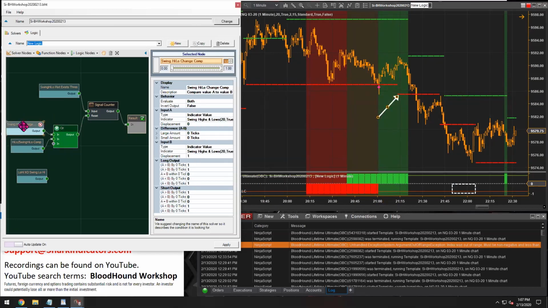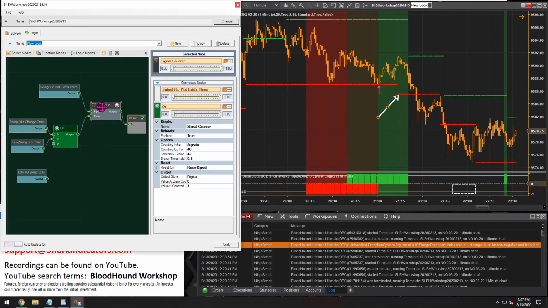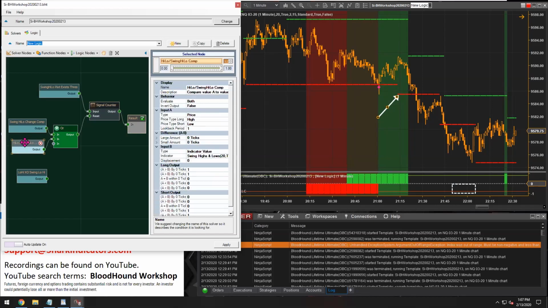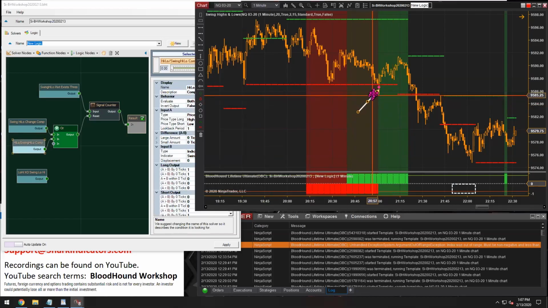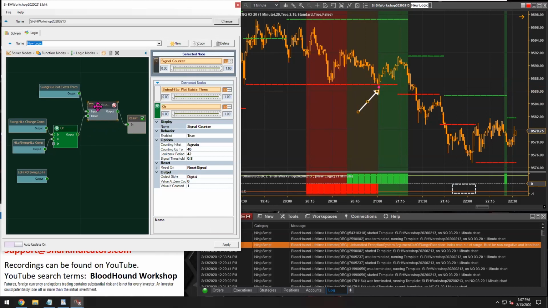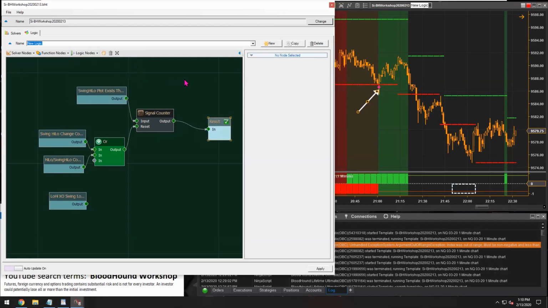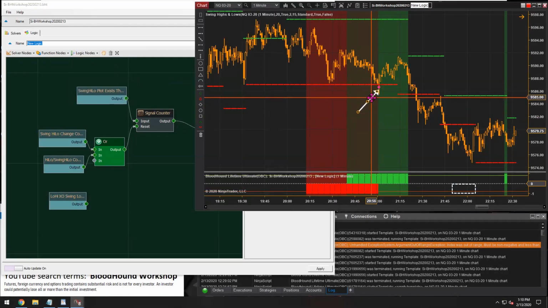This is identifying that, and it's resetting the signal counter. And then this bottom solver here is identifying these breakpoints. It's identifying when price breaks that swing low, and also resetting the signal counter back to 0. So there we go. That's it. So the way I understand this, let's take this, for example.